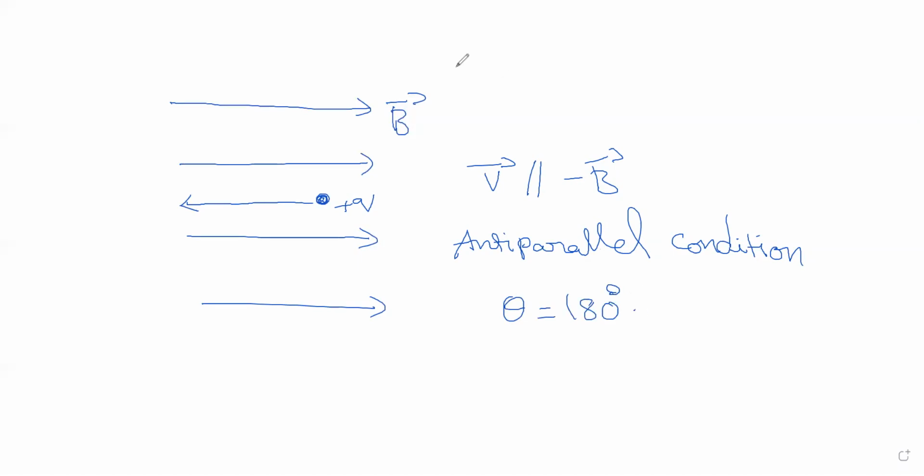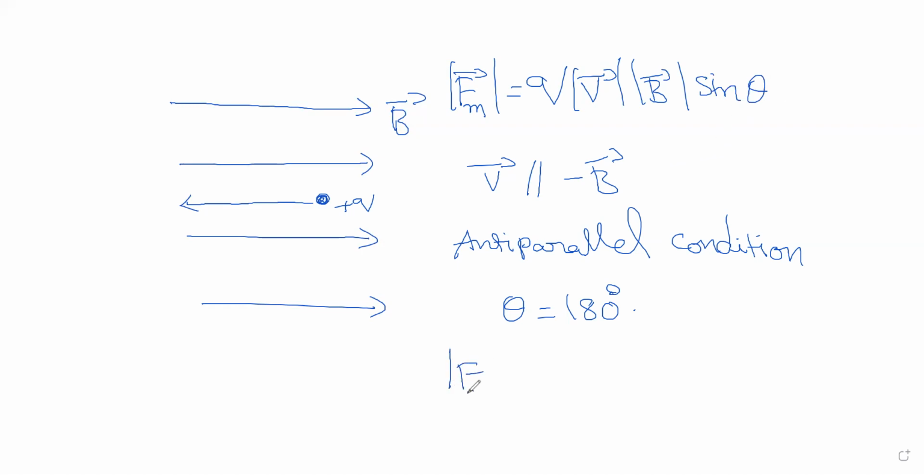For the anti-parallel condition, theta is 180 degrees. When theta is 180, let's calculate Fm bar. Fm bar is Q into mod V bar mod B bar sine theta. Theta is 180, so mod Fm bar is Q into mod V bar mod B bar sine 180.